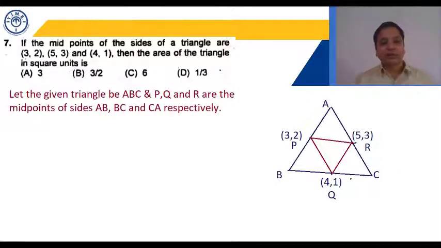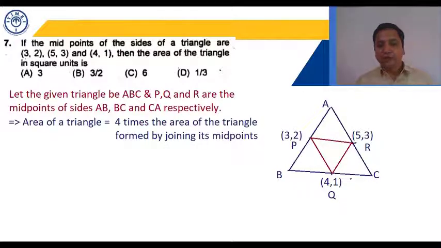Repeating it again, if we join the midpoints of the three sides of a triangle, then the area of this new triangle, shown in red in this figure, is 1/4 of the bigger triangle ABC. So to find the area of ABC, we multiply the area of PQR by 4. That is, the original triangle ABC is 4 times the area of the triangle formed by joining its midpoints.